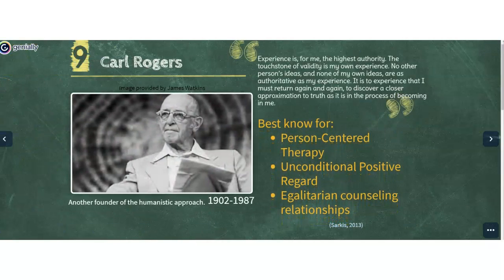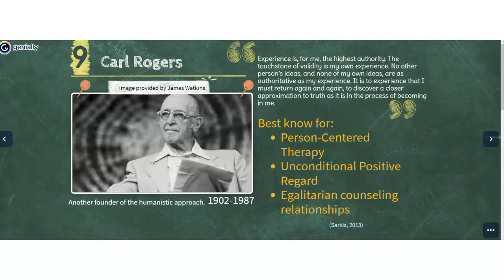Another theorist, Carl Rogers, was an American psychologist and one of the founders of the humanistic approach. His approach could be summed up in one quote, the quote on the slide. I'm not going to read it to you, but it summarizes his approach.